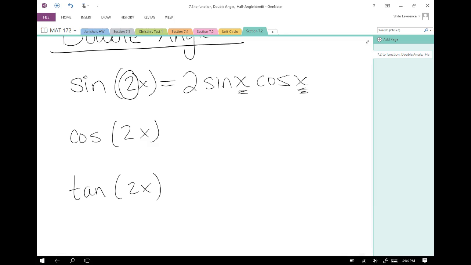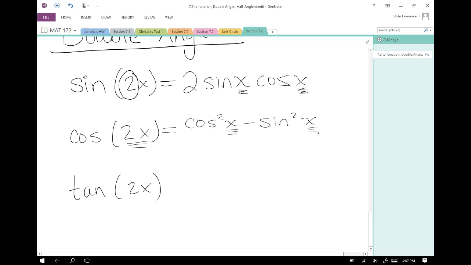Now, cosine 2x actually has 3 different options for its identity. It depends on what situation you're in and what's going to be most convenient. So cosine 2x, you can either use cosine squared x minus sine squared x. That's taking something that has a double angle and reverting it back to the single angle.